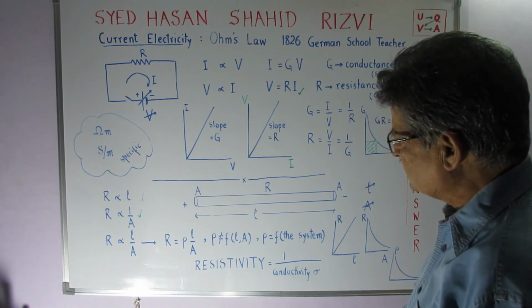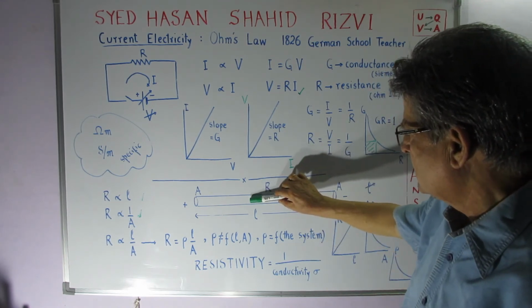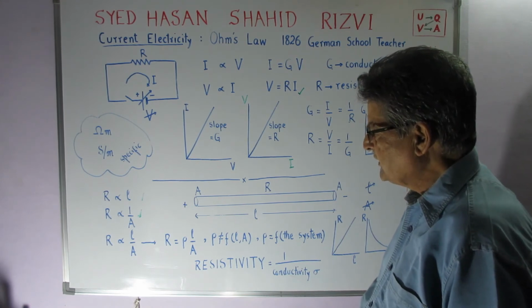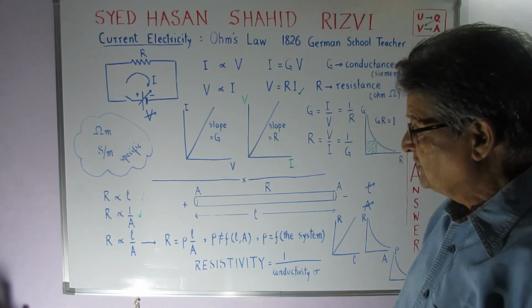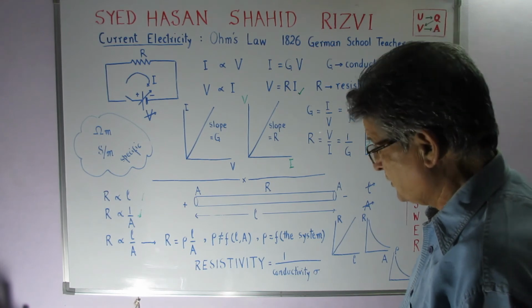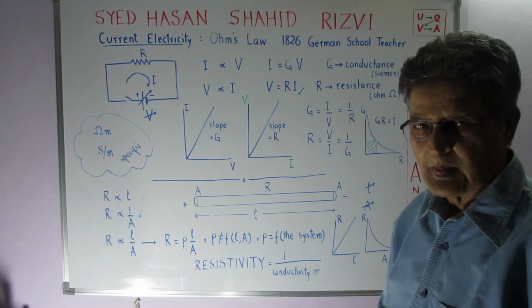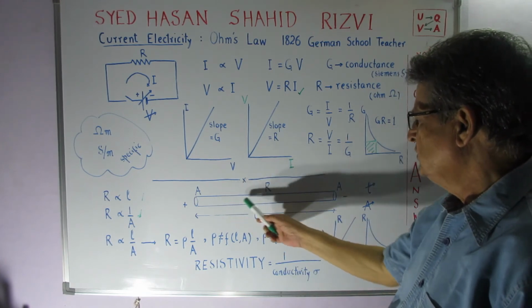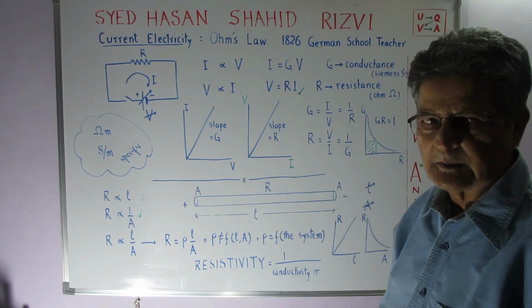The system consists of a particular material. The system consists of a temperature. The system may even consist of a pressure, etc. But the major things are temperature and the composition of the material that is there.